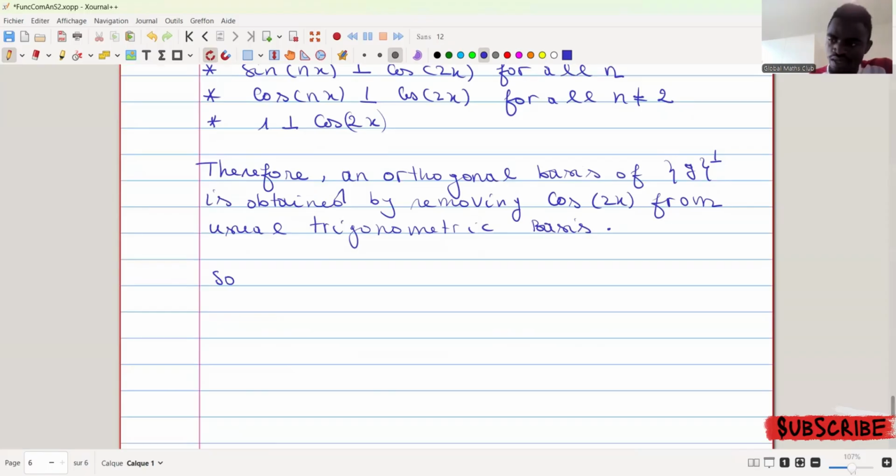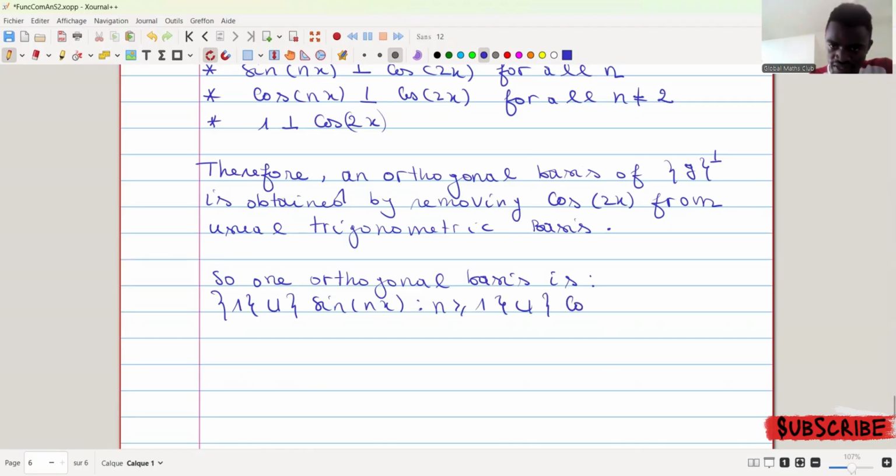So, one orthogonal basis is 1, union sine nx, union cosine nx with n different from 2.